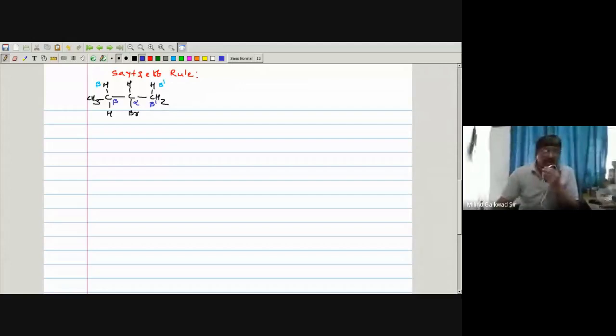If there is an E2 elimination, then bond breaking and bond forming take place simultaneously. The reaction takes place in the presence of a base, for example Na plus O minus C2H5, ethoxide. The reaction follows the E2 mechanism.